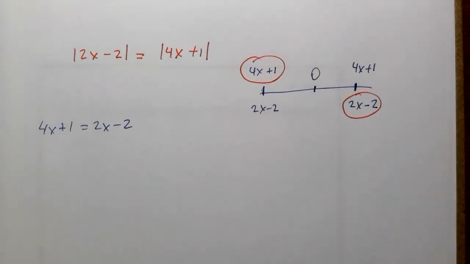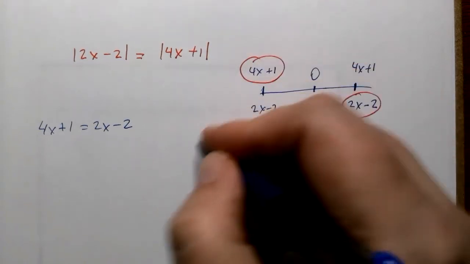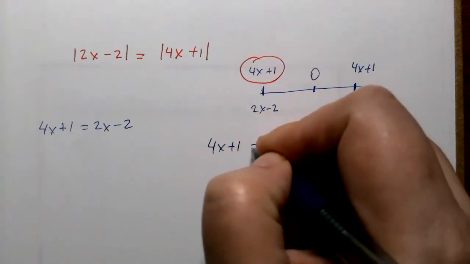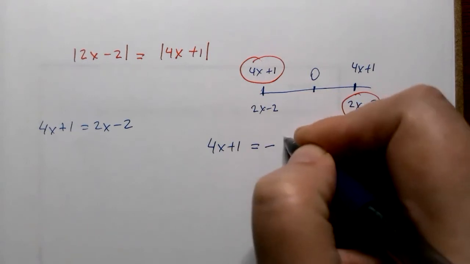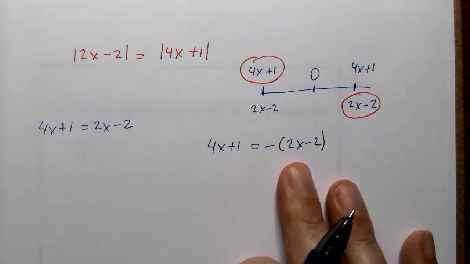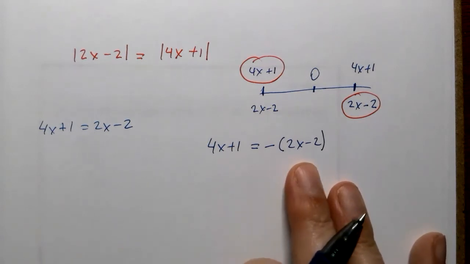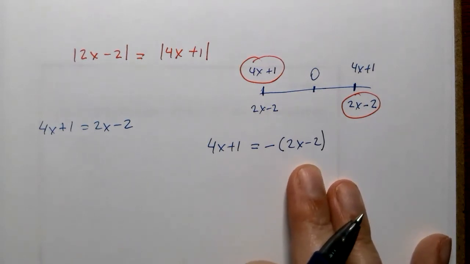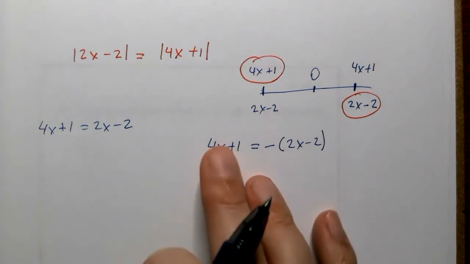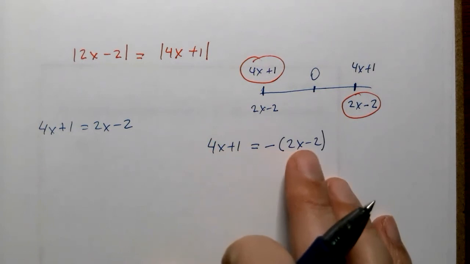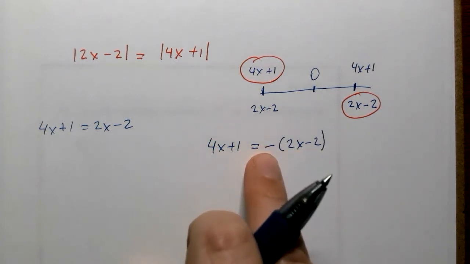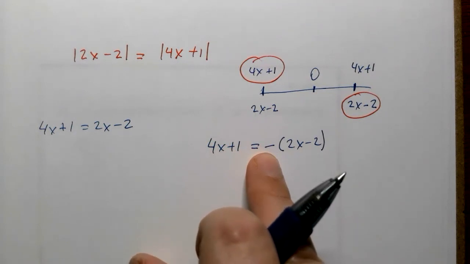And that translates into the following equation: 4x plus 1 is the opposite of 2x minus 2. So you put the negative sign in front of one of the expressions. Which one doesn't matter, because it just says that one is the opposite of the other.